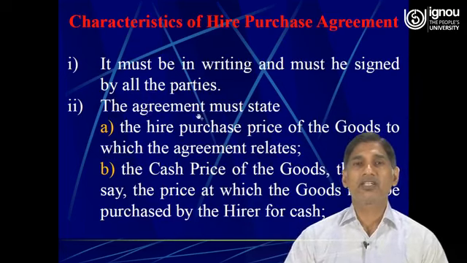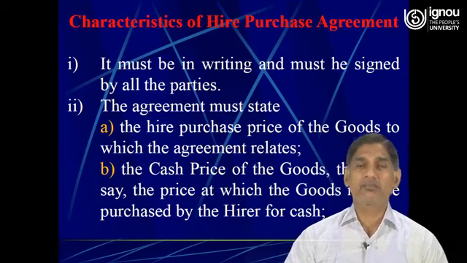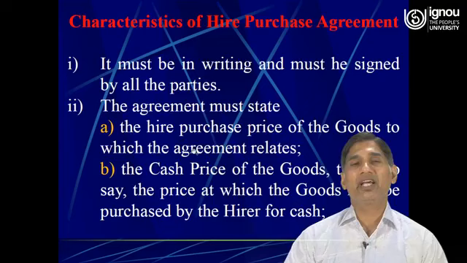Then the third one is that the agreement must state, first, the hire purchase price of the goods. It must be clearly mentioned in the agreement what will be the hire purchase price of the article to which the agreement relates. Then the next one is the cash price of the goods.